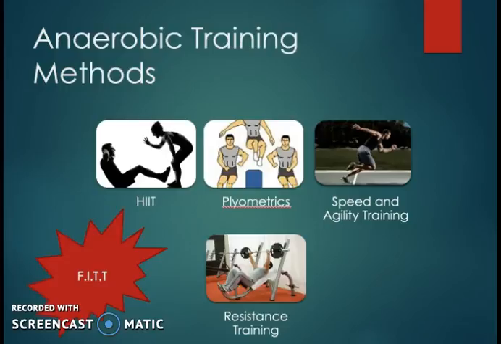The other type of training is plyometrics, and as you can see in the picture, it consists of quick movements such as jumping to improve those muscle fibers and muscle spindles, to be able to produce explosive power. That would improve your explosiveness and your reaction time.